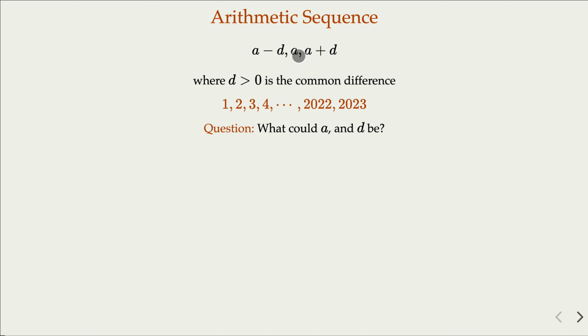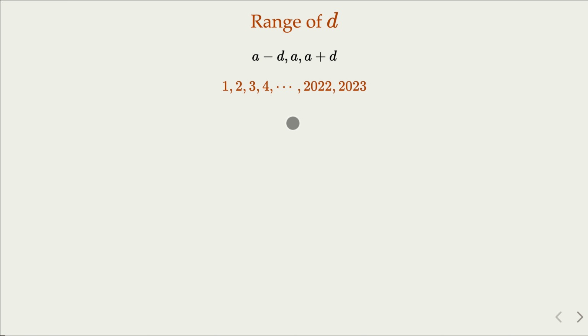The average would be 1012. So the range of d is: the minimum is 1, and the maximum is where you take the 2 endpoints and the midpoint is a, the midpoint is 1012. So the value of d would be 1011.